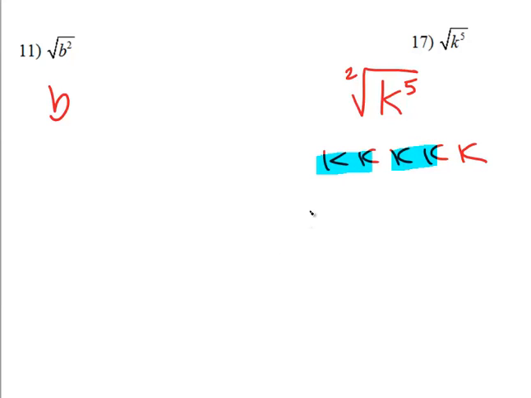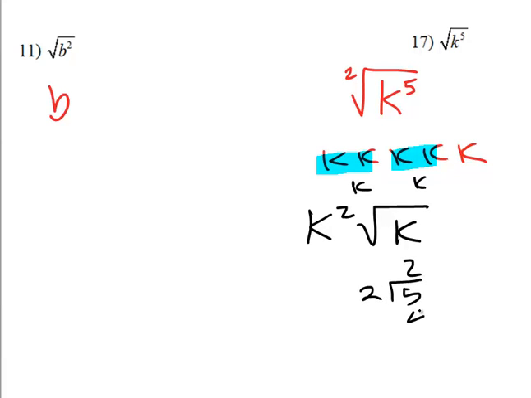So that would be k to the 2nd, and you leave behind a k inside. Let's do the math. 2 goes into 5 2 times with 1 left over. And again, that's an unspoken 1. I can make one up. I'm brilliant. I can do this.